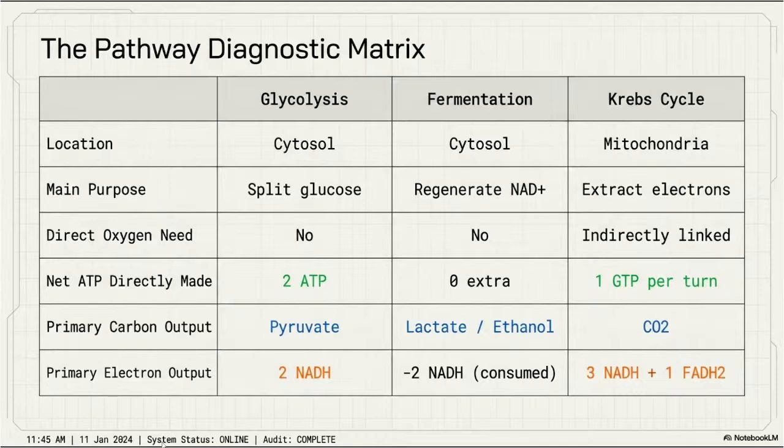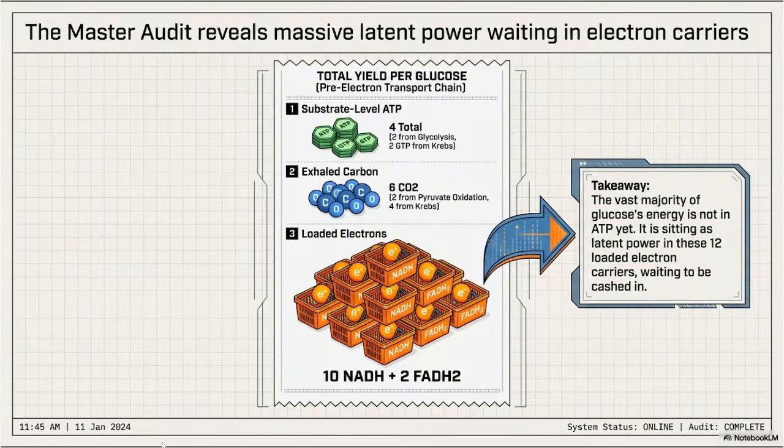Split glucose, regenerate NAD+ that is fermentation, and extract electrons. So I want you to study this table so that you will be able to know exactly what. So the master audit refill latent power, you need to understand this. I think it is something you can do on your own, DIY, do it yourself.